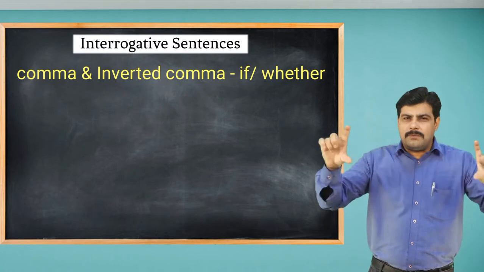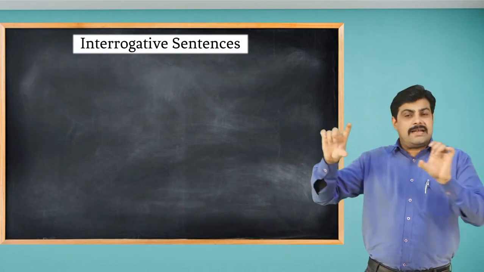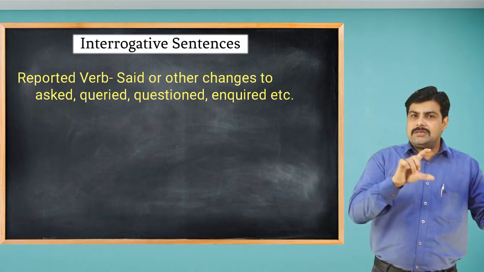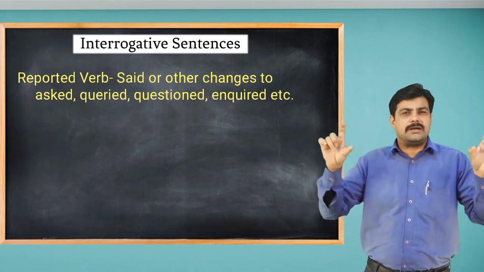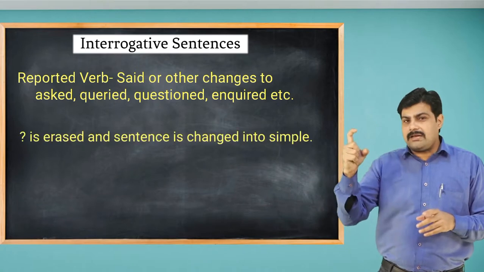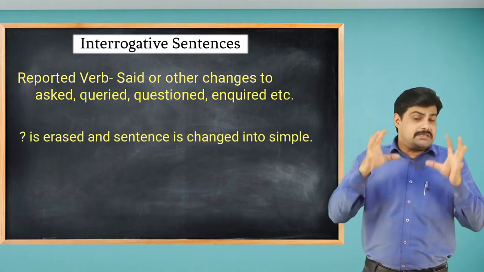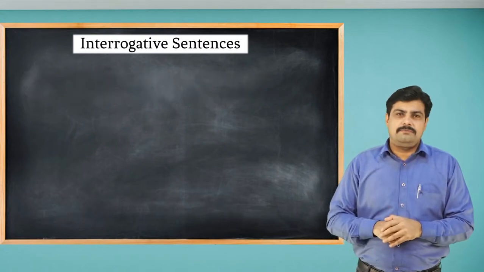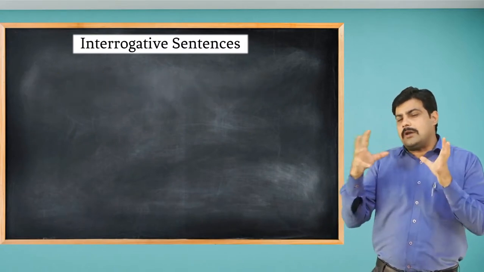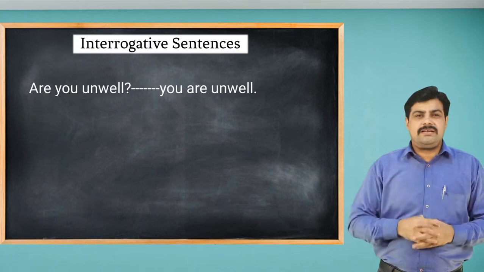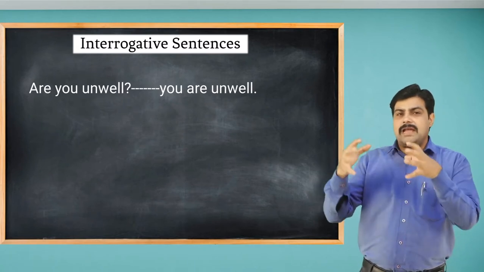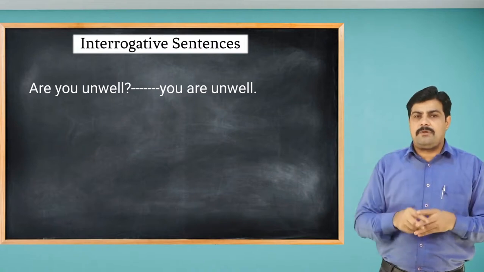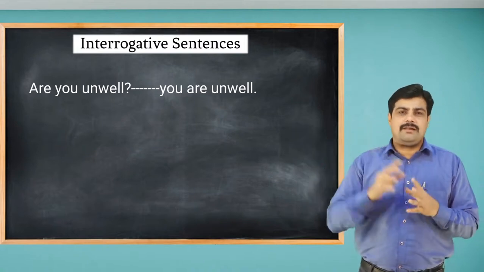The reported verb said or said to is changed into asked, queried, inquired, questioned, etc. The question mark is erased and the sentence is changed into simple. For example, "Are you unwell?" is an interrogative sentence. So before you change the sentence into indirect speech, you have to make it simple, like "you are unwell".